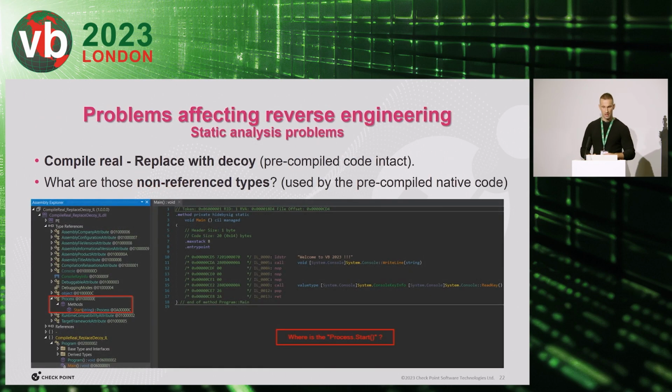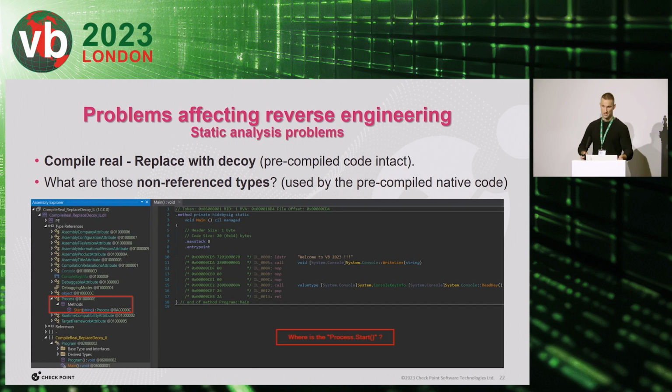Regarding the static analysis problem, here is an example of the precompiled code intact. So in this example, we have the example ready-to-run assembly, the stomped one, where we replaced the process start method invocation with some NOP instructions. We can't see any kind of call of a process start method.